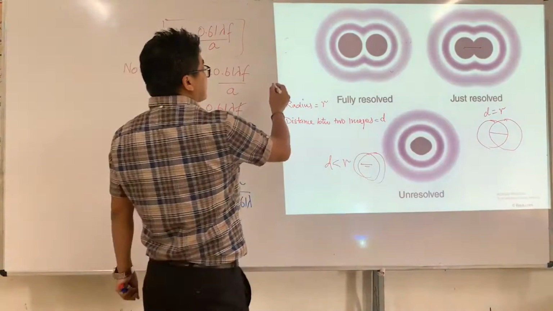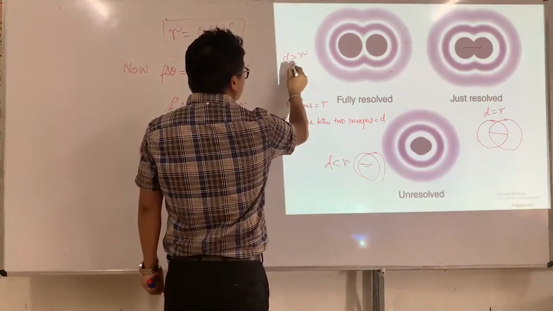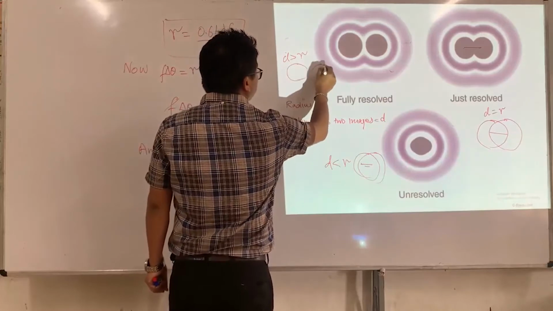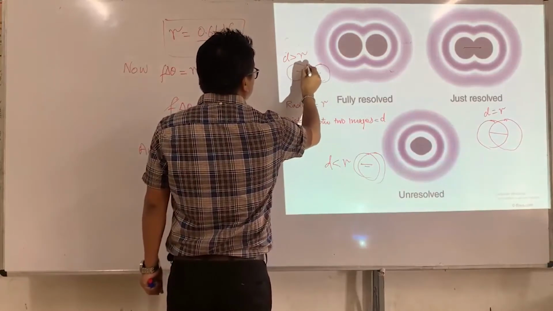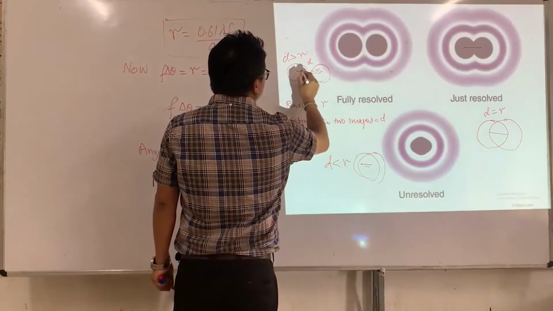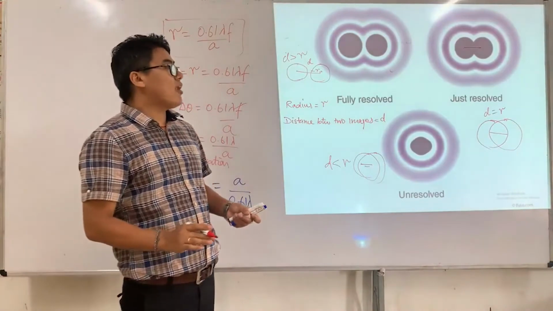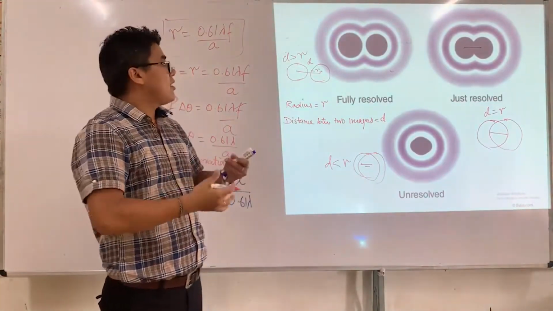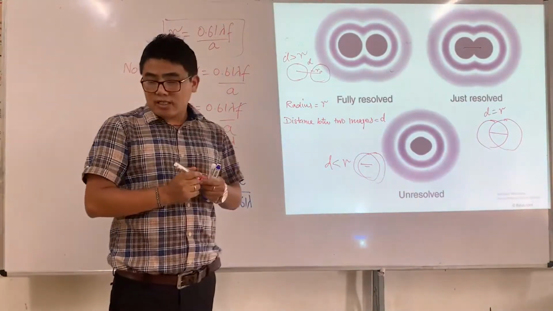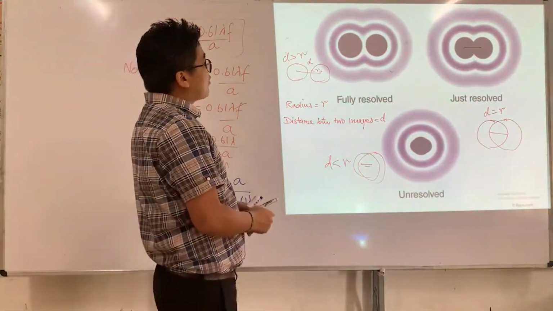Fully resolved means the distance is much greater than r. This is how we define it, and this is what we call the Rayleigh criterion for resolution. This is not in our syllabus, just for your information I'm giving it to you.